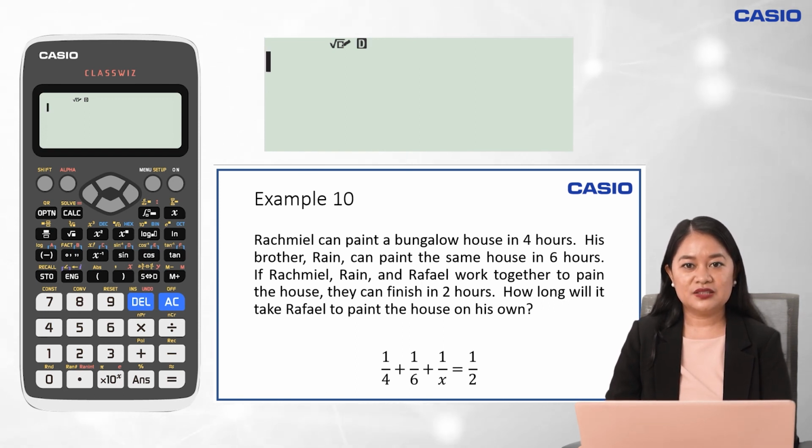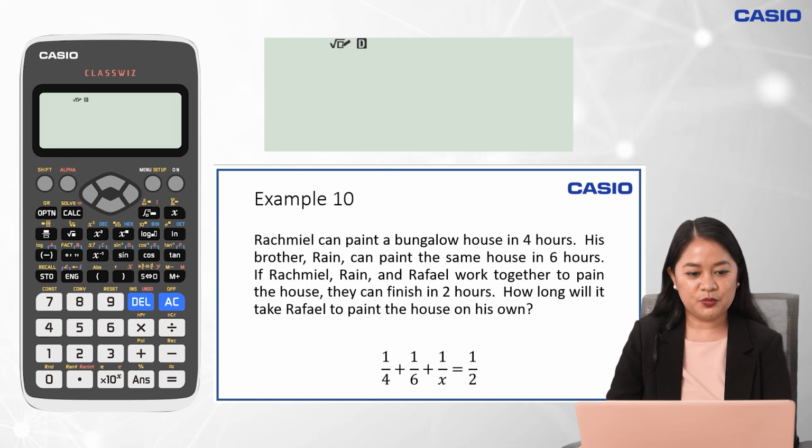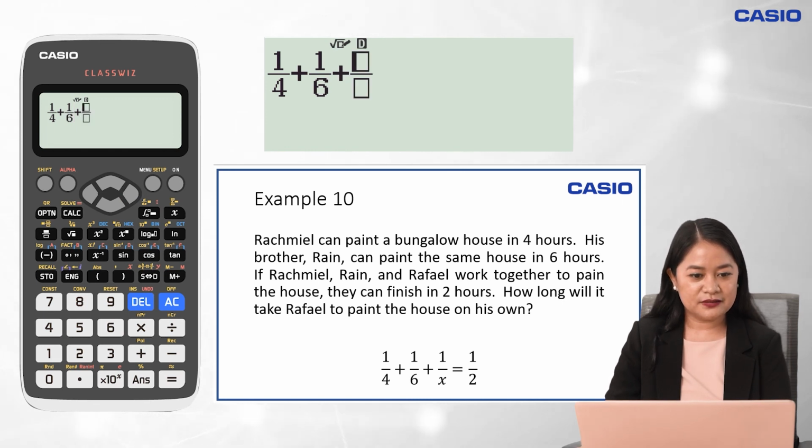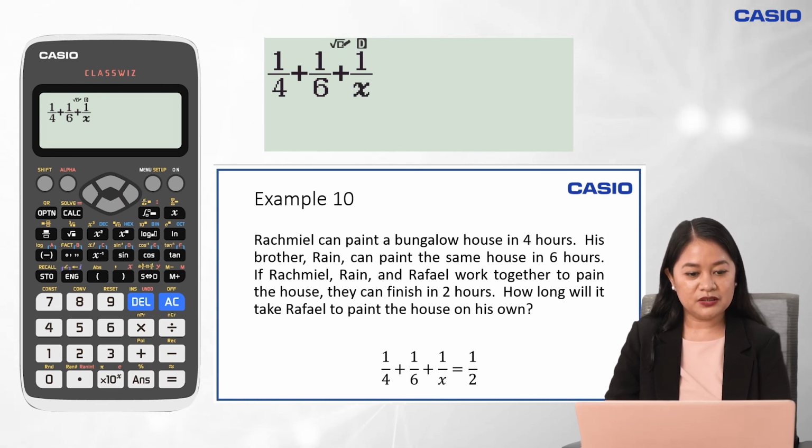Now let us solve this rational equation using the CASIO ClassWiz. So we press fraction button and input 1/4 plus 1/6 plus 1/x, and then for the equal symbol, press alpha calc, and then we input 1/2.